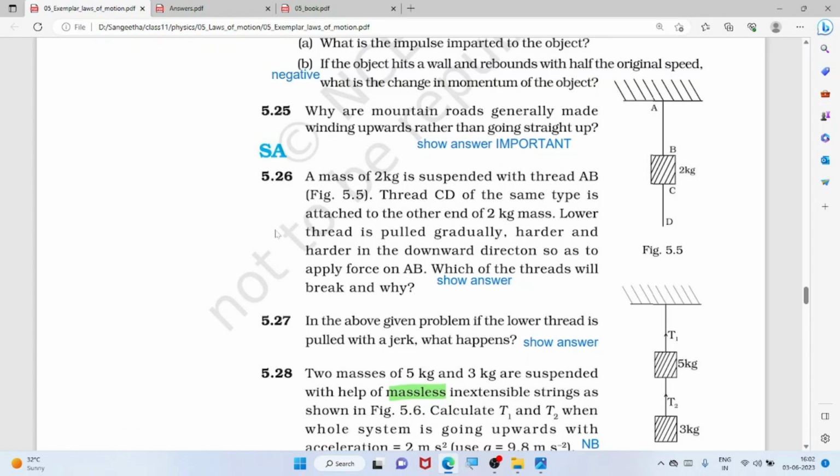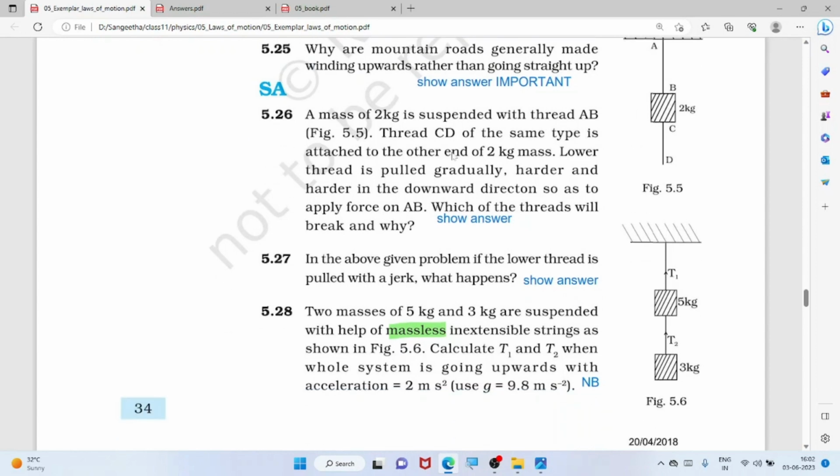Okay, a mass of 2 kg is suspended with a thread here, AB. The lower thread is pulled gradually harder and harder in the downward direction so as to apply force on AB.